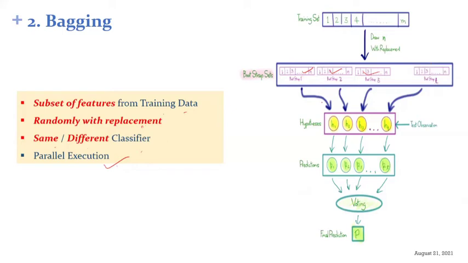Each of these bootstrap samples is used to train a classifier. This is the machine learning algorithm. Once you pass data to the algorithm, the outcome is known as a model or hypothesis, the hypothesis function H. So this one generated H1, this one H2, H3, up to the number you want.